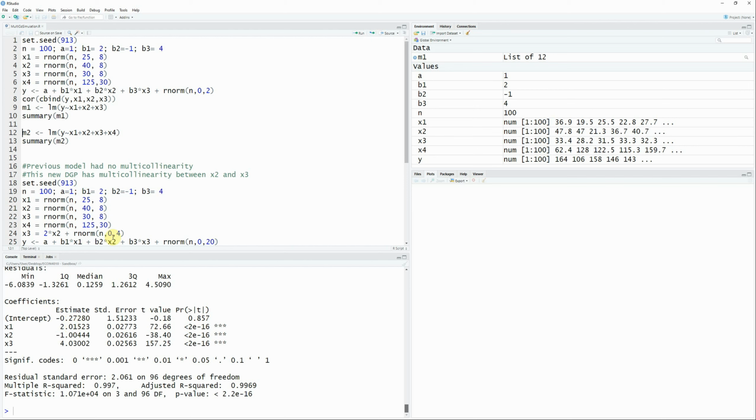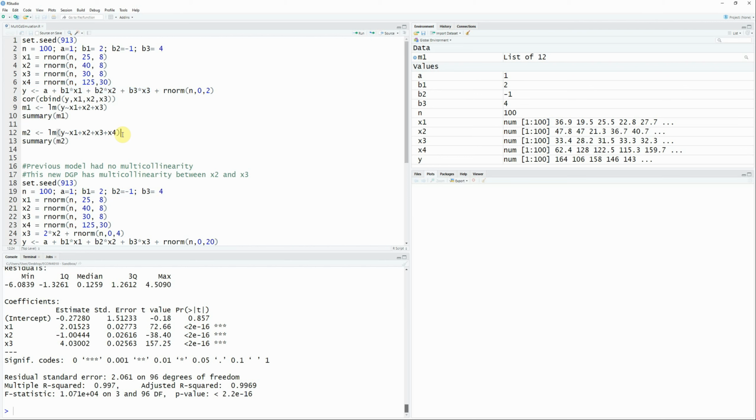It's not that significant, but our beta 1 was 2, and it's very significant, and beta 2 minus 1, beta 3 4, and these estimates are very, very close to what we defined. So reasonable outcome.